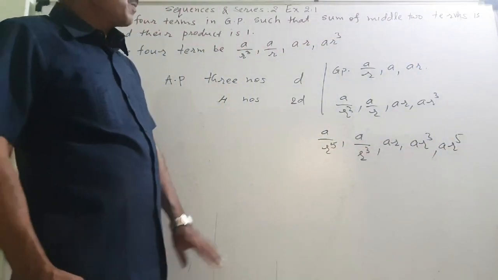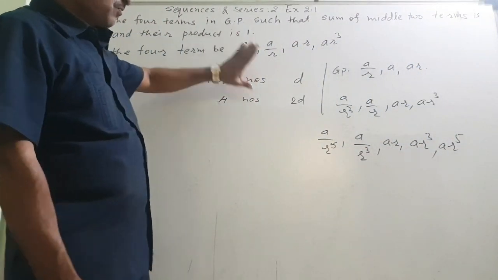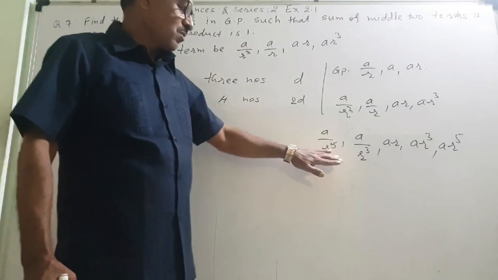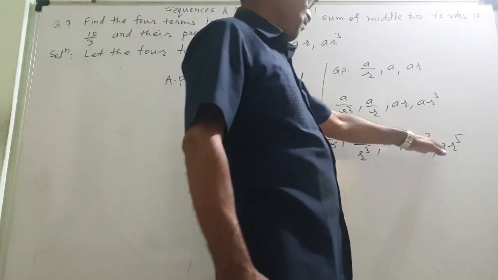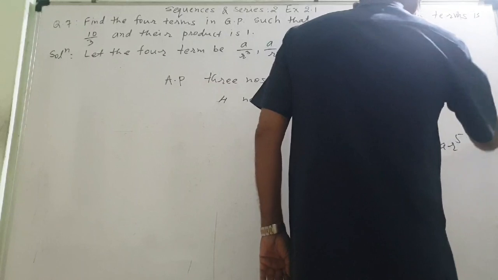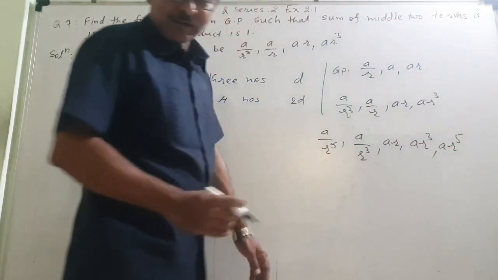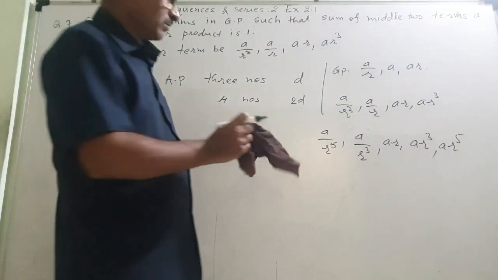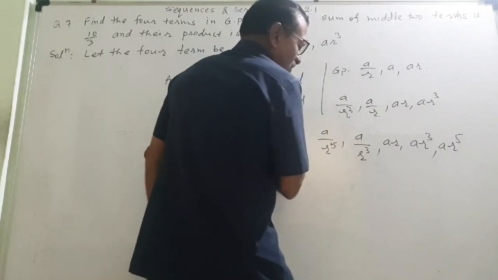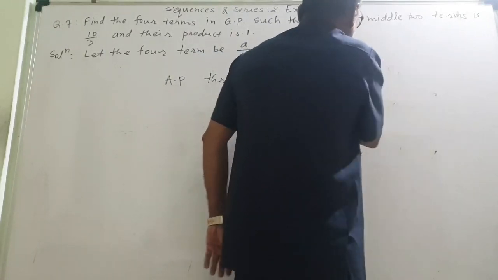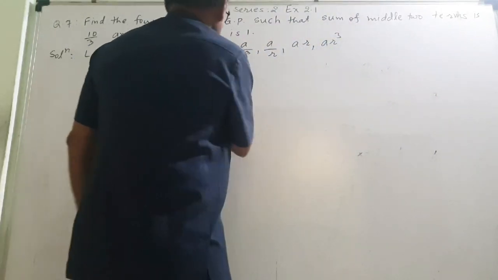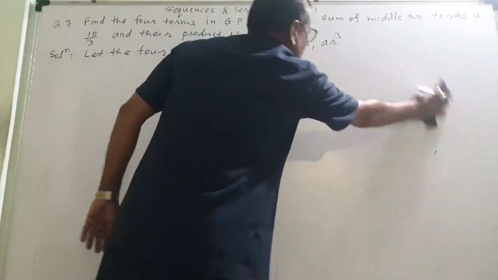We should not be prepared only for a specific sum. For different sums, you can take 1, 2, 3, 4, 5 and 6 numbers. So this way we have to assume. For 5 numbers also, we can see what to assume. So hope that you have understood this much of the lecture.